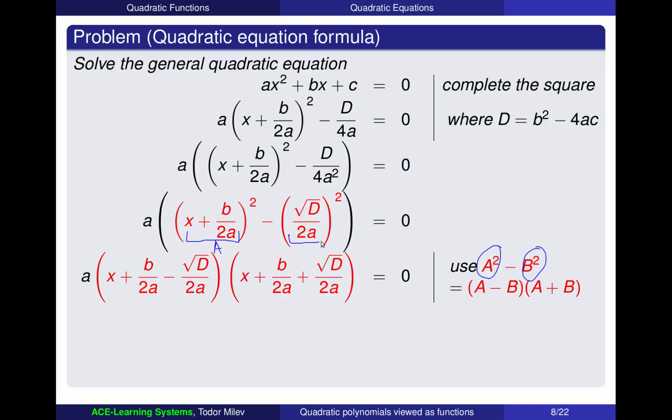And this expression I can call b, and then this whole expression becomes b squared. So I have a squared minus b squared, and I remember that a squared minus b squared can be factored as a minus b times a plus b. So this expression can be factored.